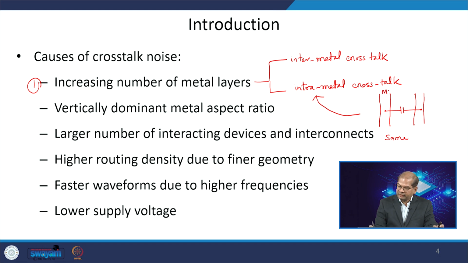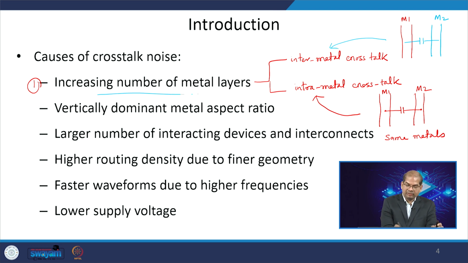This is M1, this is M1, same metals. But intermetal means that we have M1 and M2. There is some capacitance between them. So, this is called intermetal crosstalk. So, increasing the number of metal lines also increases the crosstalk noise.